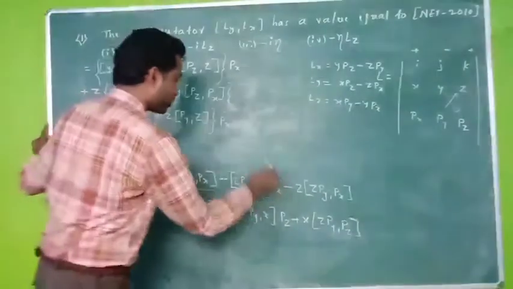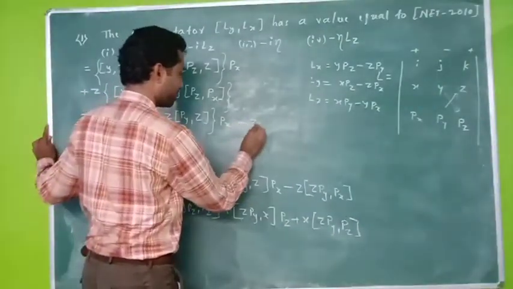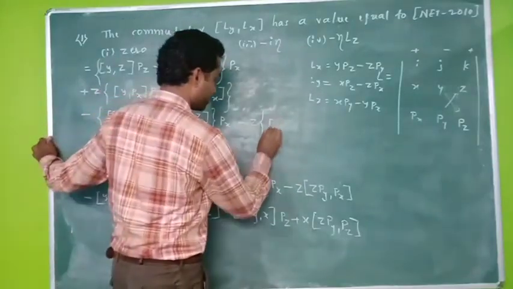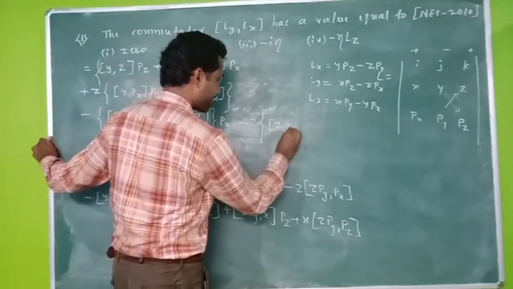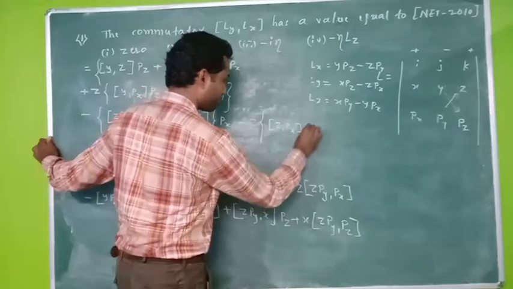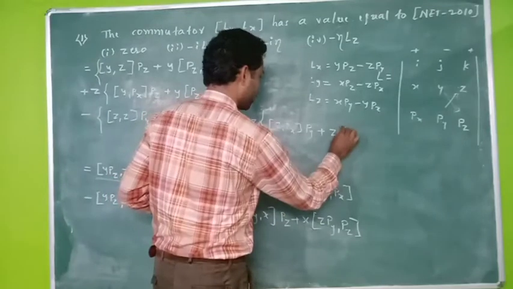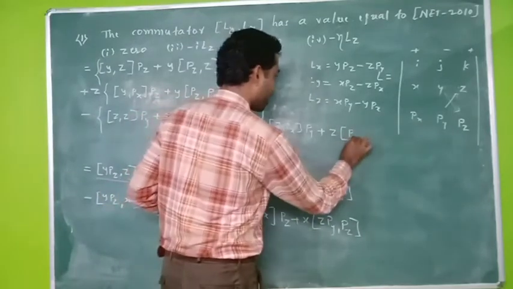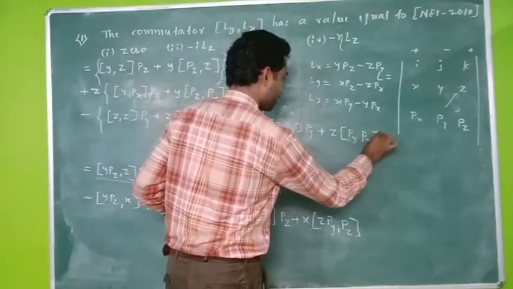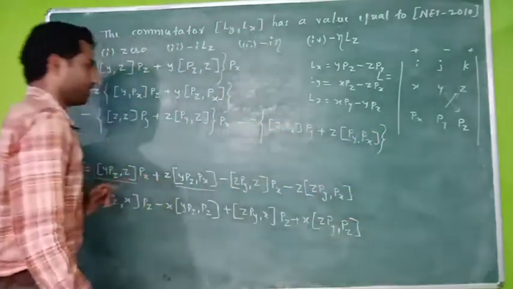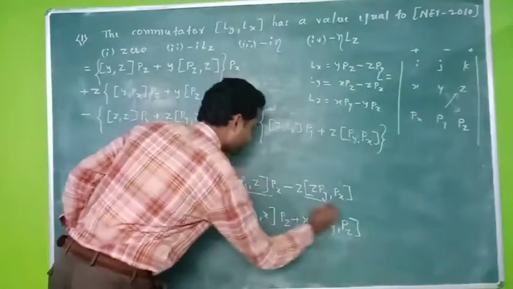Next, minus z within the bracket, the commutator of z and px multiplied with py, plus z times the commutator of py and px.